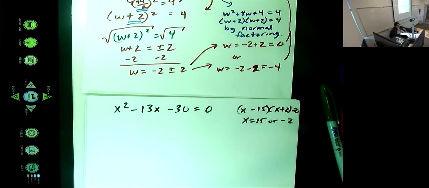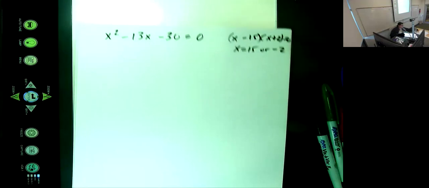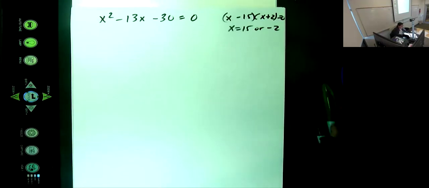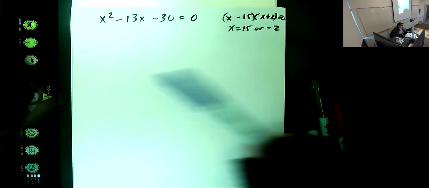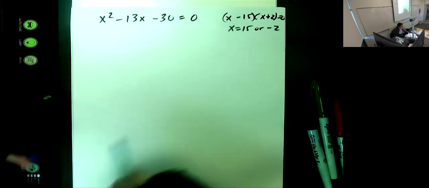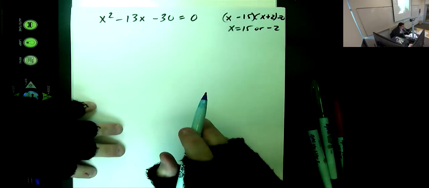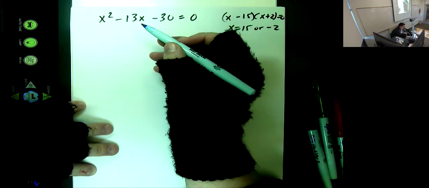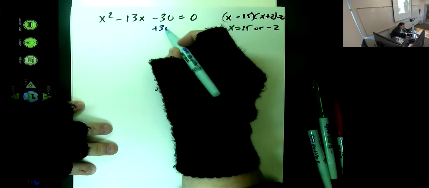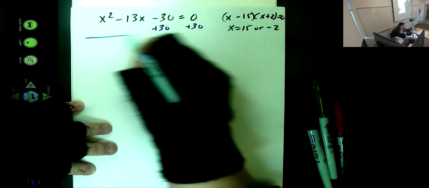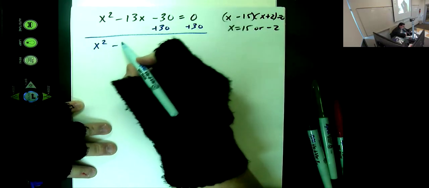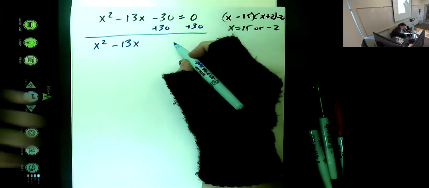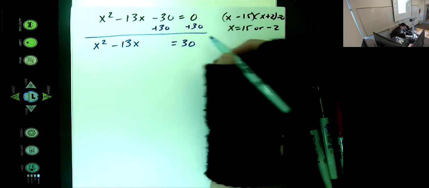But we can do this with completing the square, and we're going to, because it's good practice. A handy thing to do is add 30 to the other side right away. And I'm going to leave a little room to add that stuff.